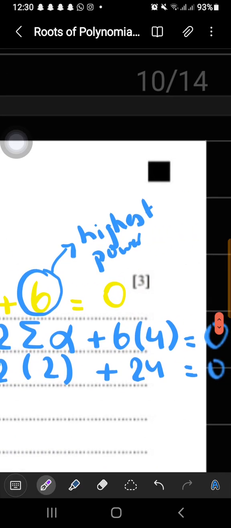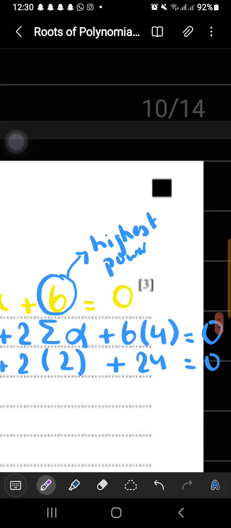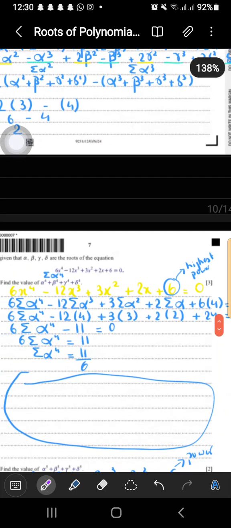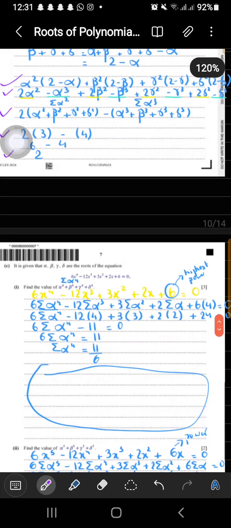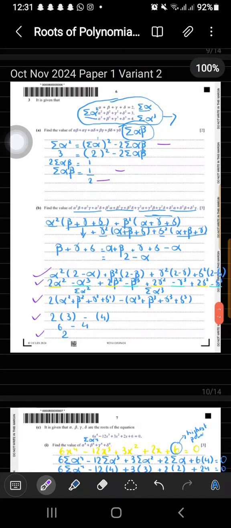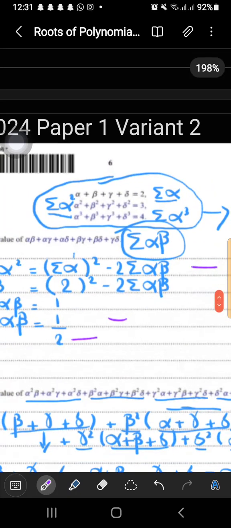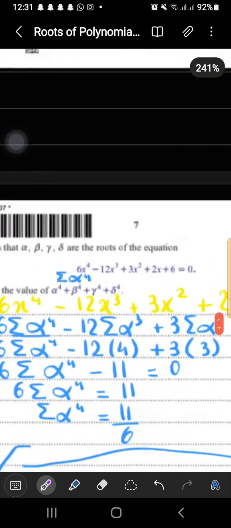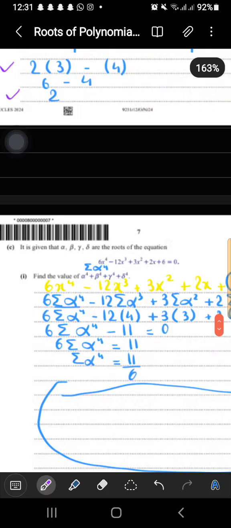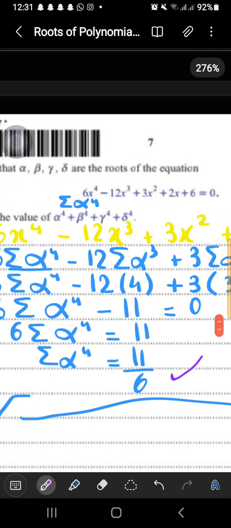We multiplied it with the highest power of the equation, as it was a quadratic equation, so we multiplied it with 4. Then we inserted the values of summation of alpha cube, alpha square and alpha given in the question, and we got negative 11, which moved to the right side and became positive 11. Then it got divided by 6, so it became 11 divided by 6.